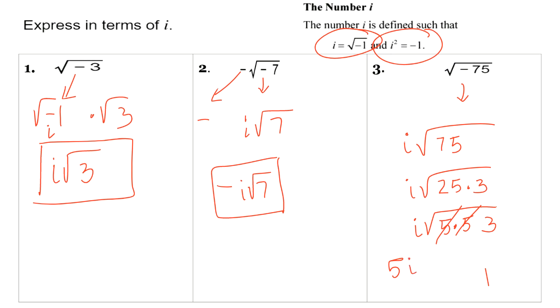I bring it out one time, so I get 5i radical 3. So it's just as simple as that, you just take out i whenever you have a negative in the square root. Any questions on removing the i from the square root or making the radical positive?